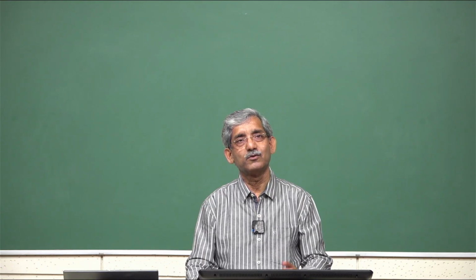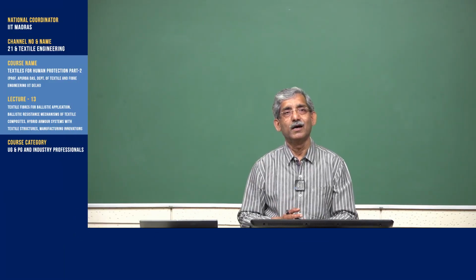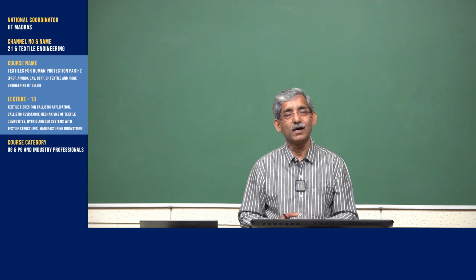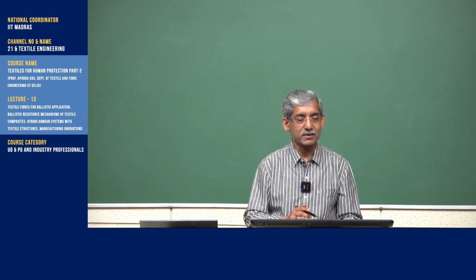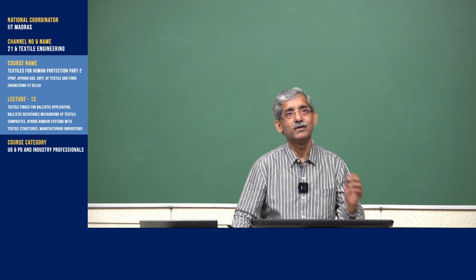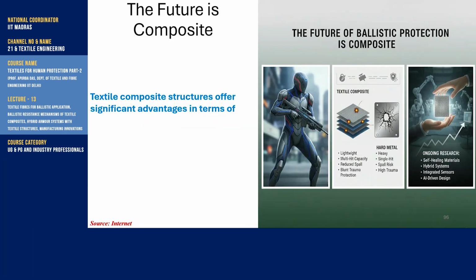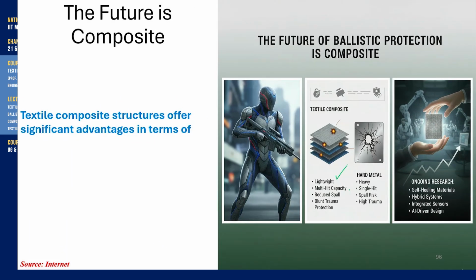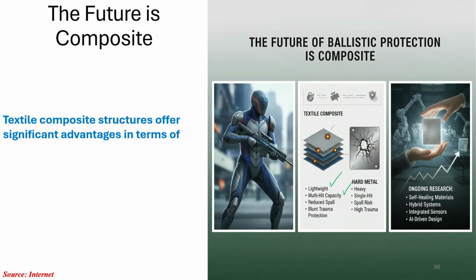Obviously, we need all these advantages, like weight, that it should absorb the energy, and it should be environmentally stable, it should not get damaged easily. So, the future is composite material. The composite structure offers significant advantages: it is lightweight, and has multi-hit capability, as we have discussed.